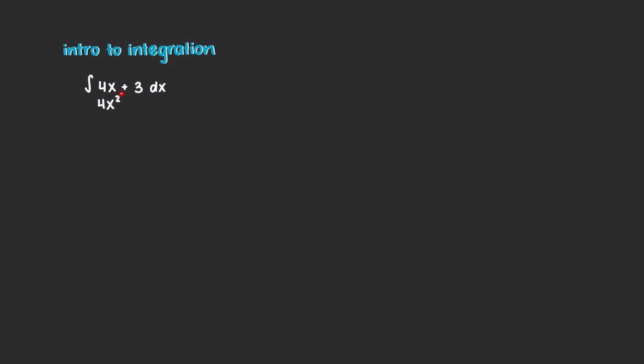The next step, remember, is to divide it by 2, because that's our new number. Then you might be like, okay, is it time to add c? We're going to add c at the end, after you do this whole thing. C is just a placeholder for a possible number that could be there.